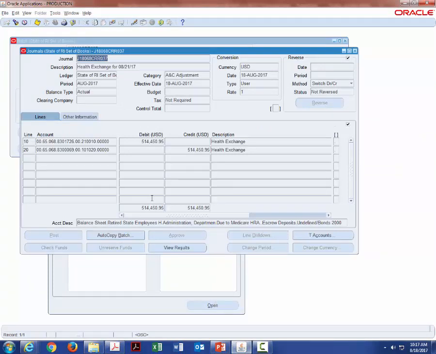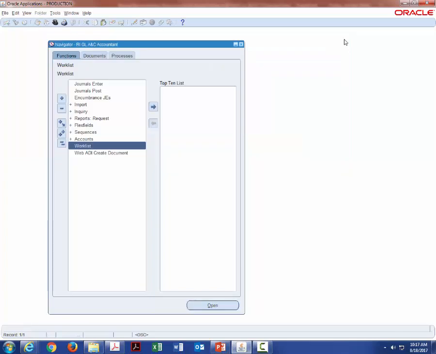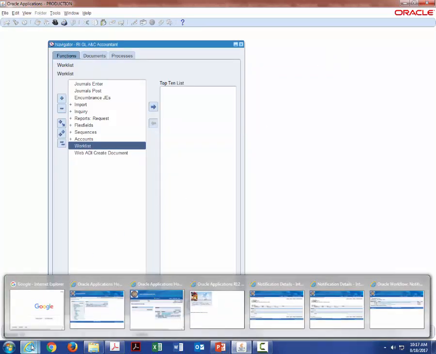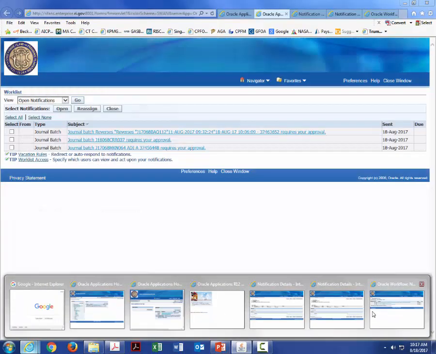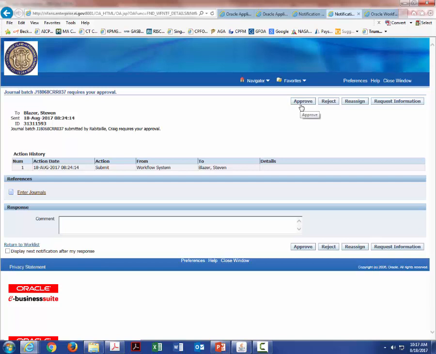If, after reviewing a journal entry, you are satisfied that it passes all the criteria as described in this tutorial, simply X out of the journal entry screen, X out of the batch screen, click on the big blue E at the bottom of the screen, and finally, click on the Approve button in the upper right of the final screen.